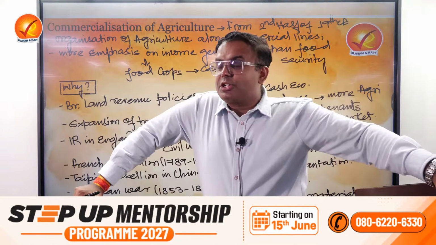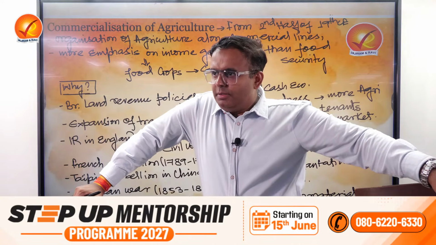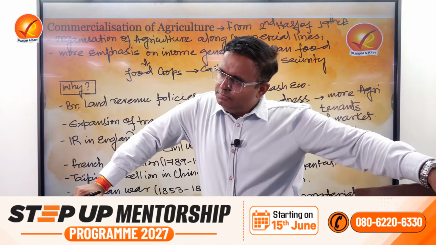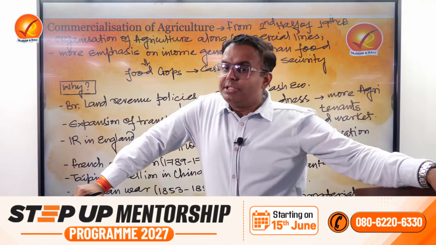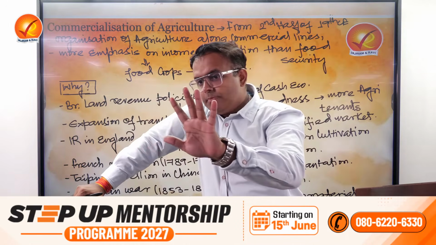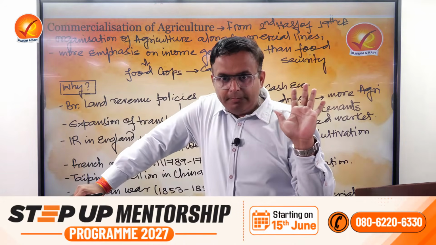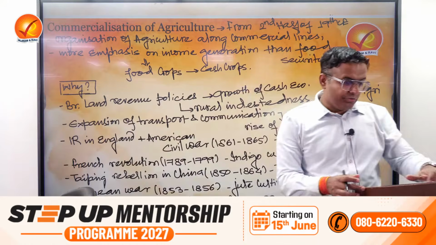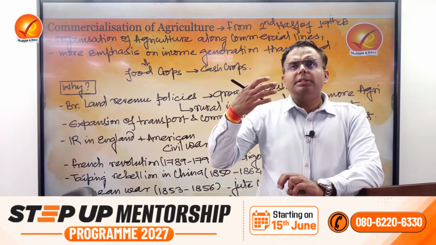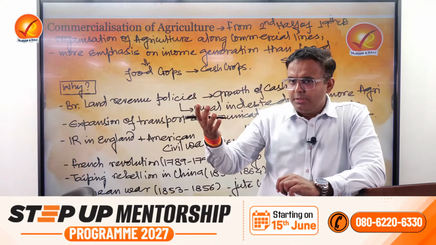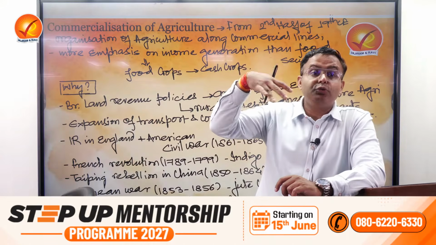What do you mean by commercialization of agriculture? अब देखिए इसमें क्या है, especially from the second half of the 19th century, driven by a number of factors, we see that there was a shift in the nature of cropping pattern in certain areas, where there was more emphasis on cash crops. Organization of agriculture was driven primarily by commercial interest, not by the interest of food security.